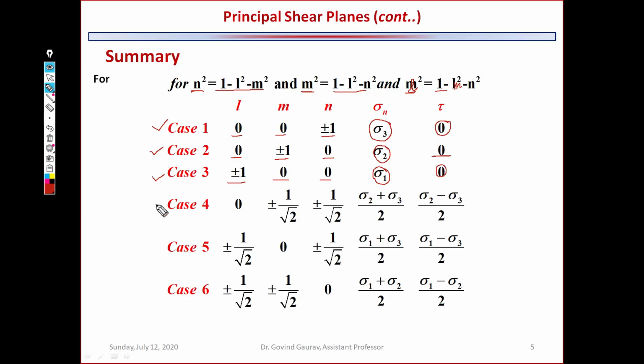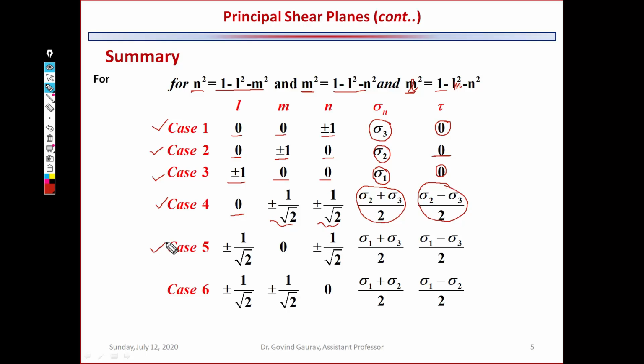The fourth possibility would be when L is equal to 0, m is equal to plus minus 1 by root 2 and n is equal to plus minus 1 by root 2. In such a case, the normal stress acting on the plane would be sigma 2 plus sigma 3 by 2, and the maximum shearing stress acting on that plane would be sigma 2 minus sigma 3 divided by 2.